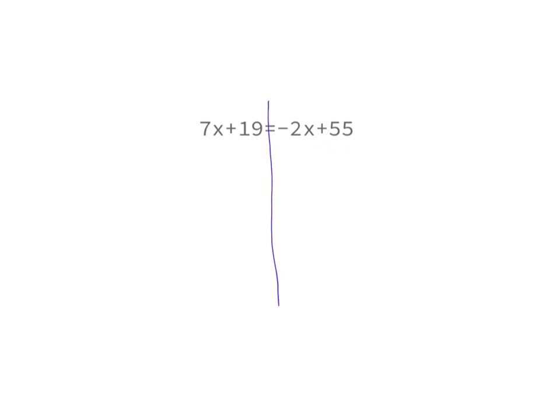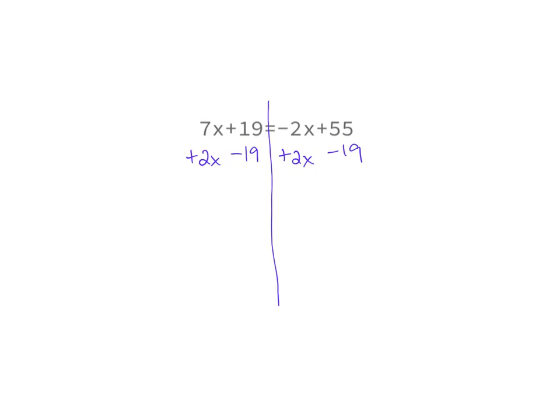So the way you can avoid that, if you add 2x here and add 2x here, you can also subtract 19 and subtract 19. You're taking care of both of those steps in one.